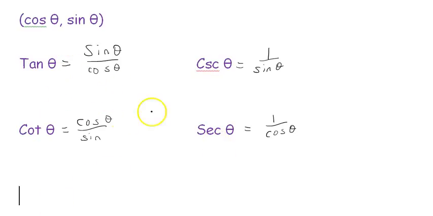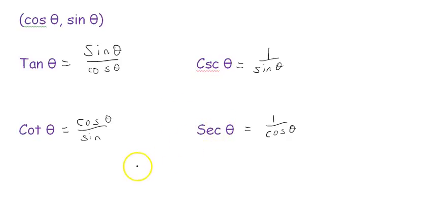So all the other trig functions that are not part of the original point can be written using the original point values. Now you might have to do some work with that, some rationalizing, some flipping and multiplying, but everything can be turned into forms of sine and cosine and used. You do need to memorize these, so if you need to, write them down and memorize those.